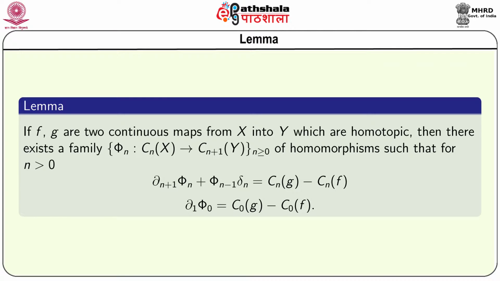This family consists of homomorphisms phi n such that for each n greater than 0, delta n plus 1 phi n plus phi n minus 1 delta n is equal to Cn g minus Cn f. And if we take n equal to 0, then delta 1 phi 0 will be equal to C0 g minus C0 f.